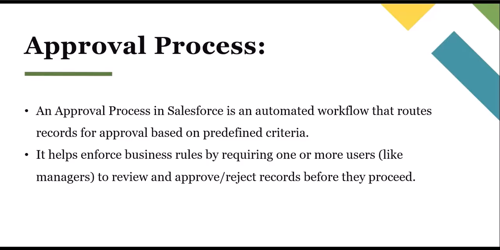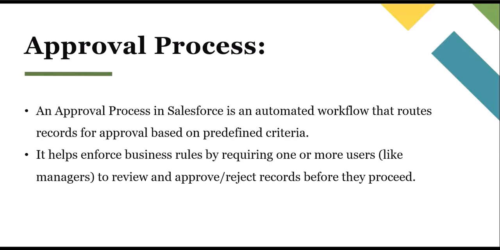So for example, you have a bill worth 50,000 rupees. Now for the company this amount is big, and for the approval process if the amount is less than 50,000, then the manager can approve or reject the request. But if the amount is 50,000 or more, then along with the manager, HR approval is also required. Using this criteria we can manage the stages.